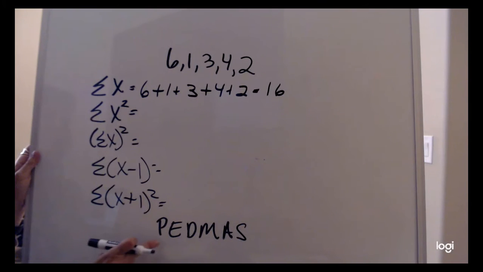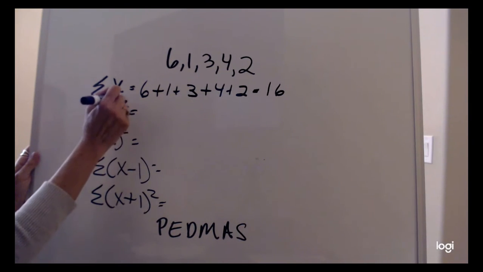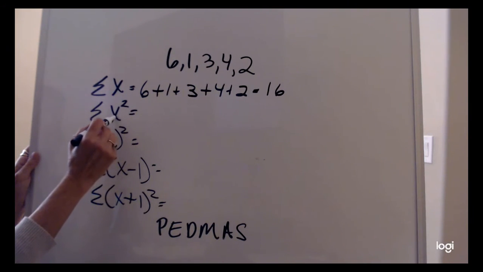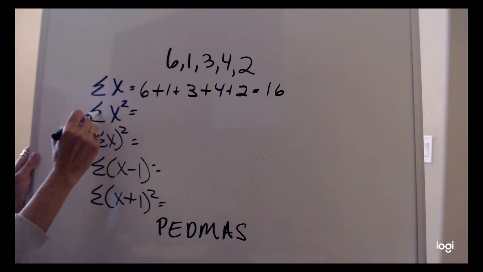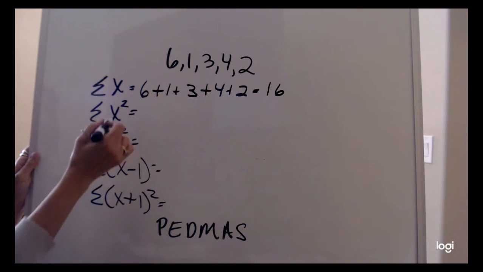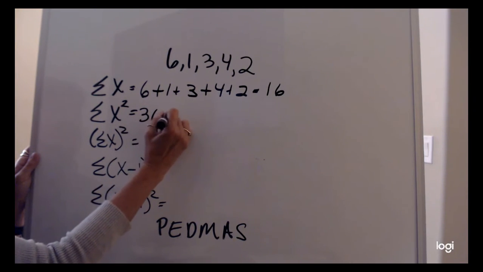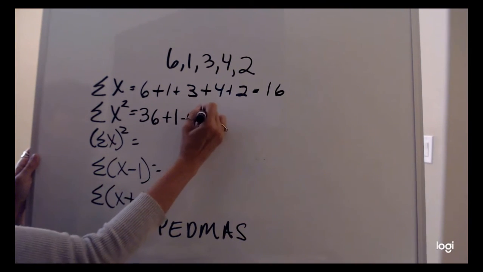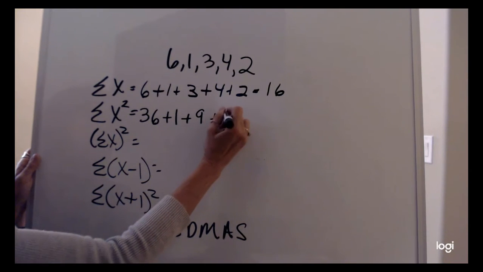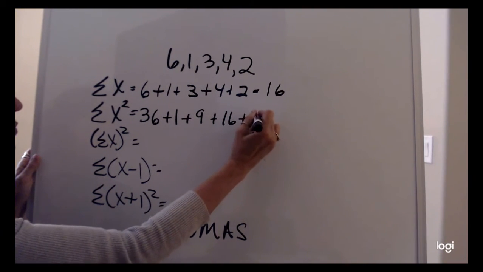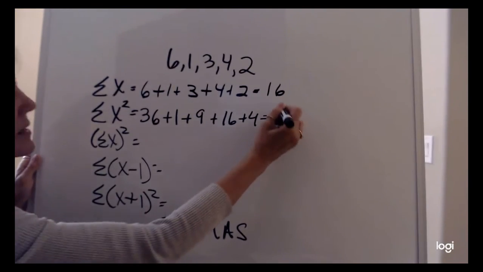I know I'm going to do parentheses or exponents first right here. So I'm going to square each score and then I'm going to sum them up because addition comes later. So each score squared, here we go, 36 plus 1 plus 9 plus 16 plus 4 is going to give us 66.